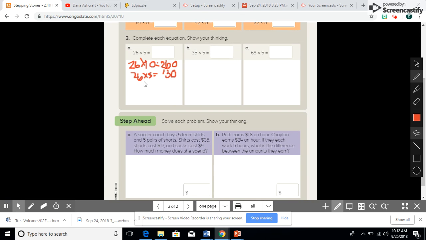Or I know that some of you are comfortable with the traditional algorithm, so I can say 26 times 5. And I can solve using the traditional algorithm.